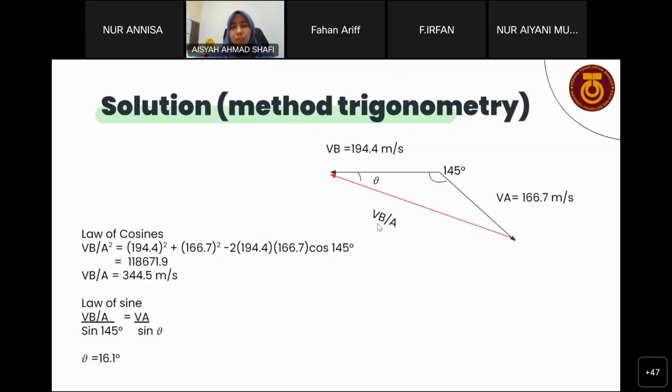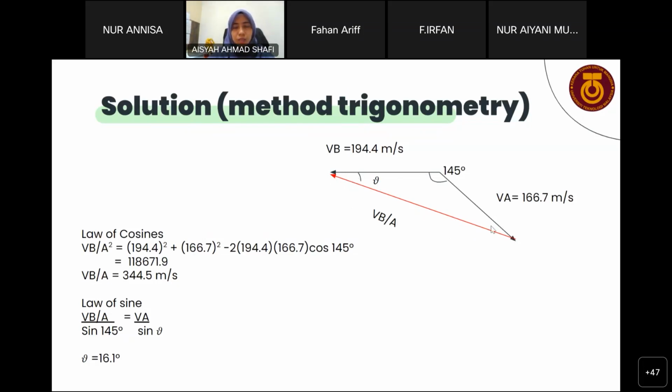So velocity of B relative to A means it starts with A and goes to B. So VBA is this one. Based on the trigonometry, we can draw a triangle based on the parameters given.